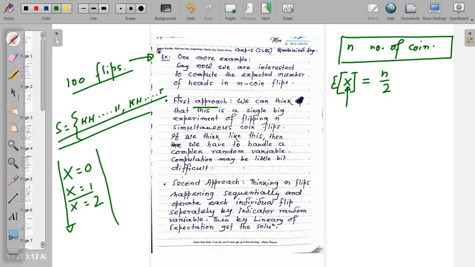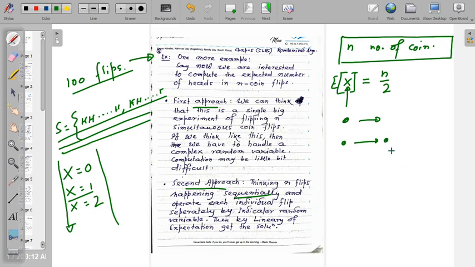And at some point you will think that this process is not a good way to deal with it. Then what is the way out? The way out is the second approach, where we can think of n flips happening sequentially. That means first I flip a coin and note the result, then I flip the second coin and note the result.